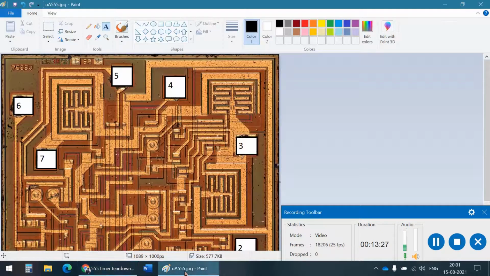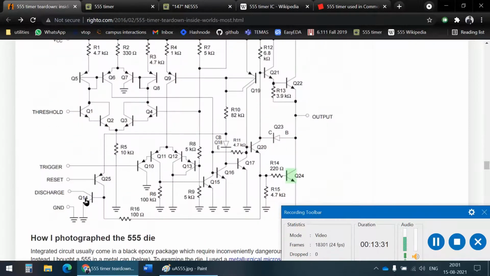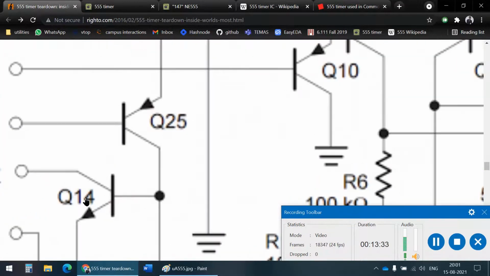Should I just tell you what a transistor is first, in case you don't know? A transistor is a very simple thing. It's basically a switch. We have 3 terminals: the collector, the base, and the emitter. I think of it as a switch between the collector and the emitter, and the base is the switching thing.